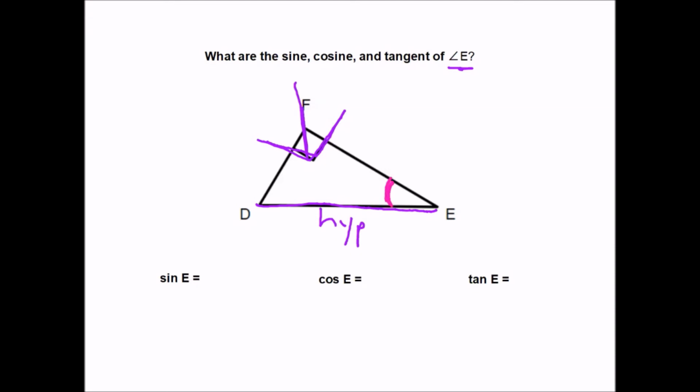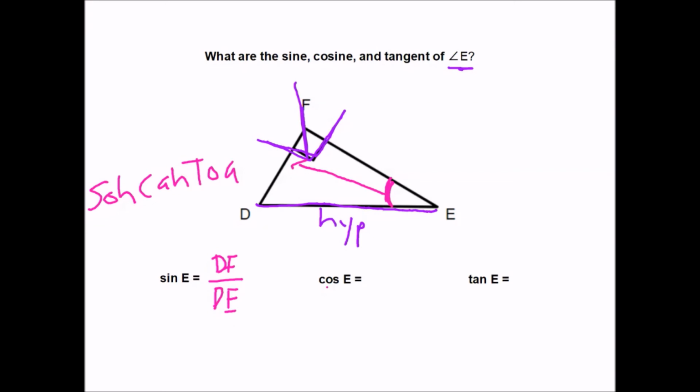So for the sine, we're going to do SohCahToa, S-O-H, so opposite and hypotenuse. Opposite angle E is DF, so it would be DF divided by the hypotenuse, DE.